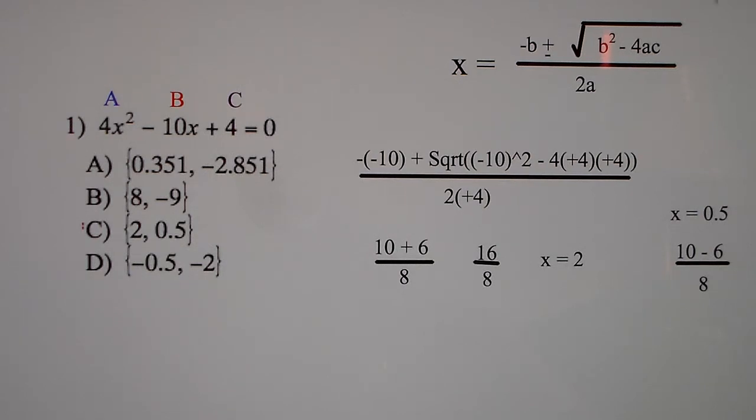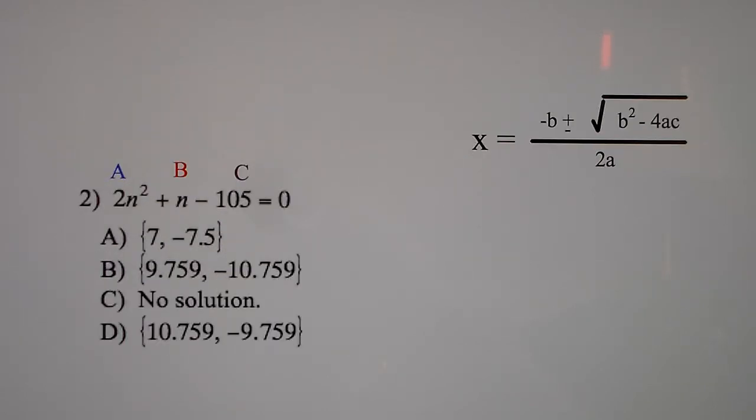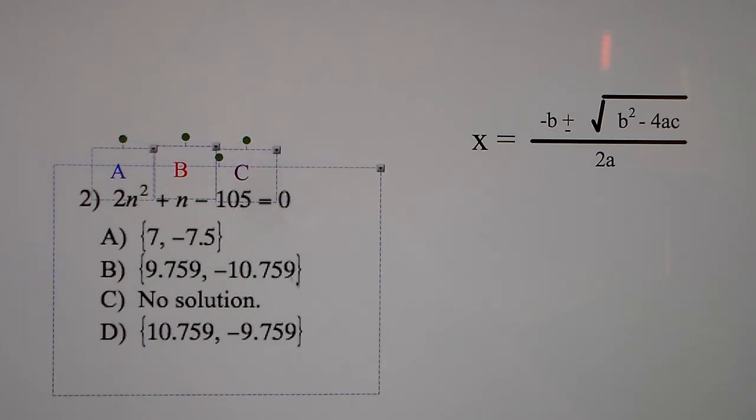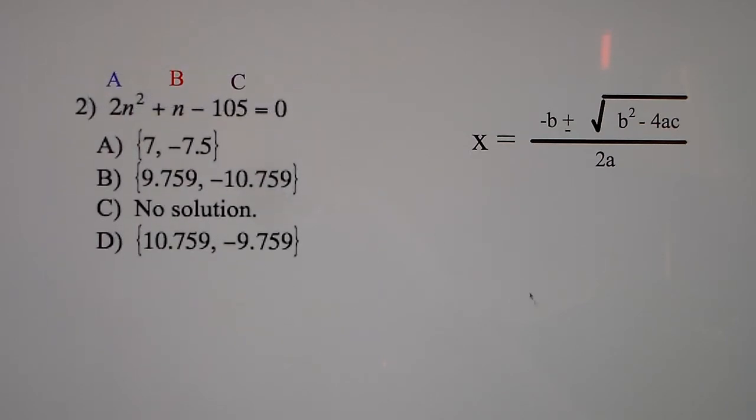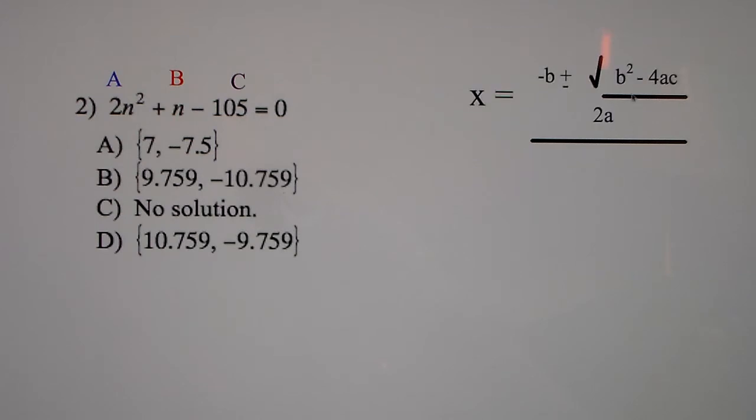Alright, let's try another one, because I know these are tough. So look in here, problem number 2. Move it up a little bit. So in the top right hand corner we have our quadratic equation again.